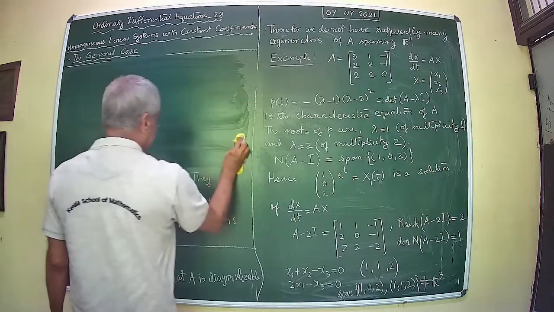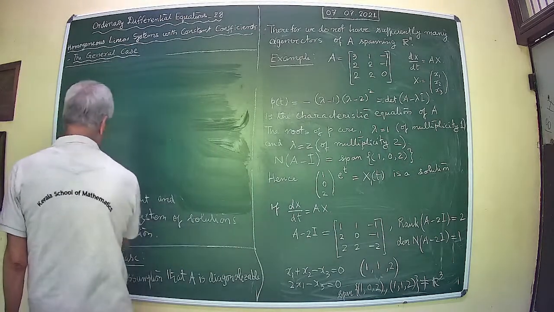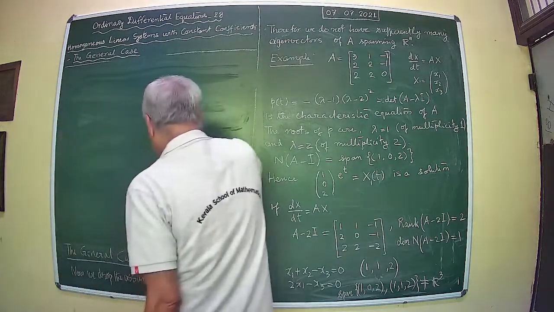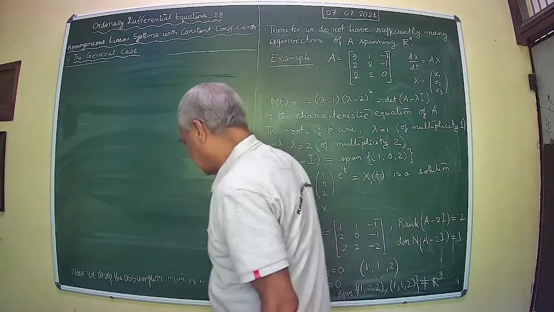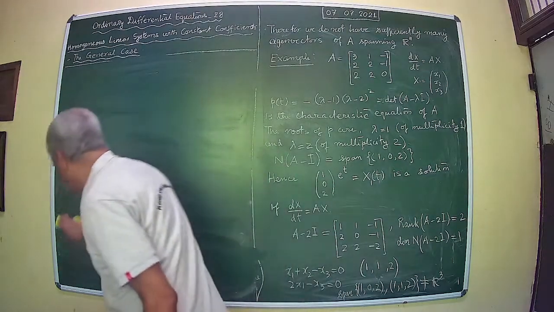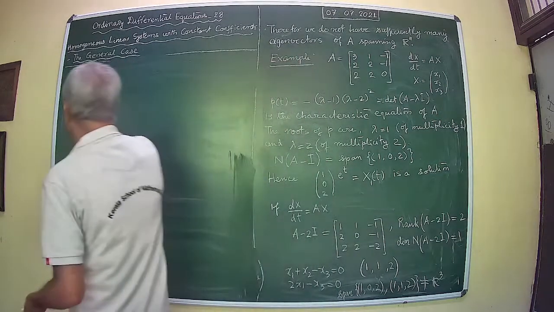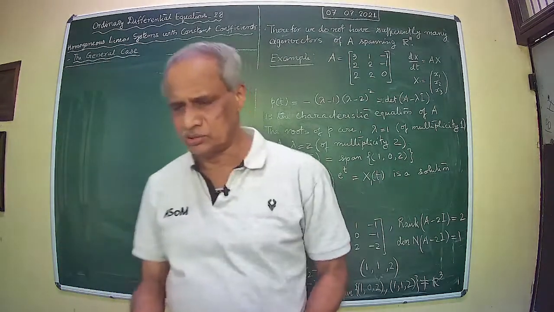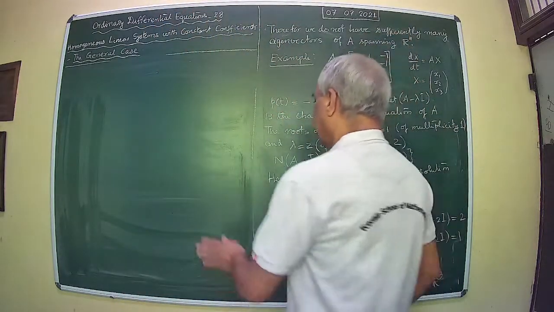The strategy is to start with a vector in Rn, then solve the initial value problem dx by dt equal to Ax, subject to that initial condition, and you will get a solution. So if we start with n linearly independent vectors of Rn, then you get n corresponding solutions, and of course the added complication may be that there may be complex eigenvalues, etc.